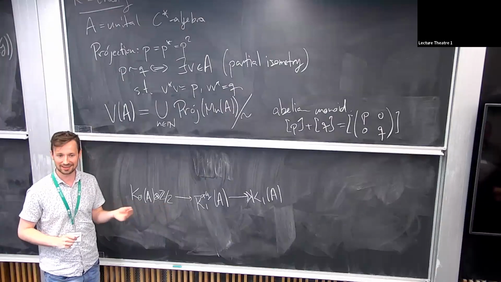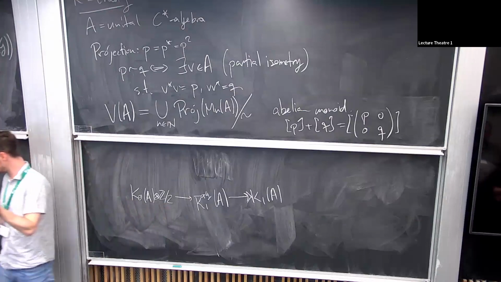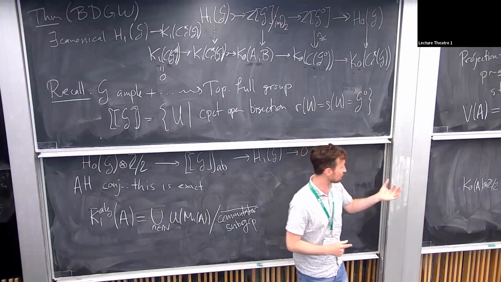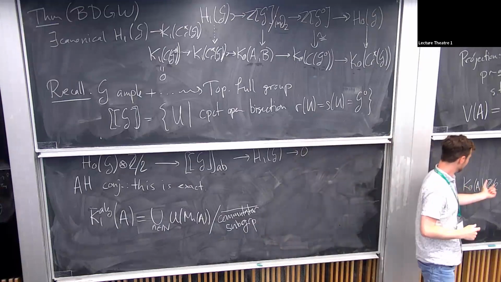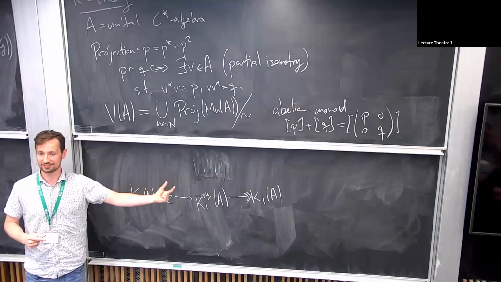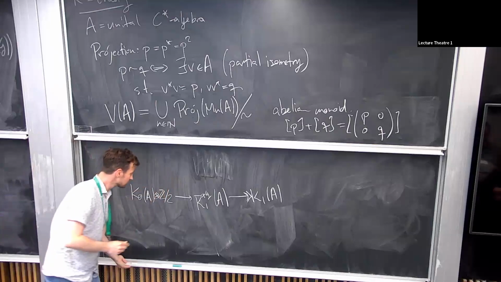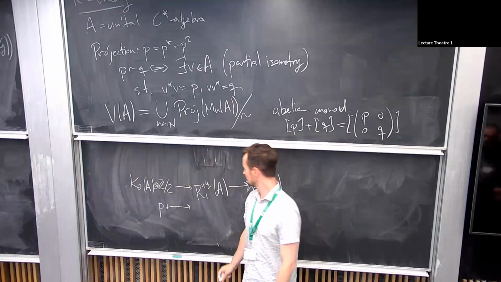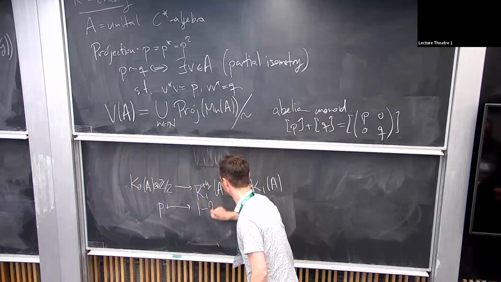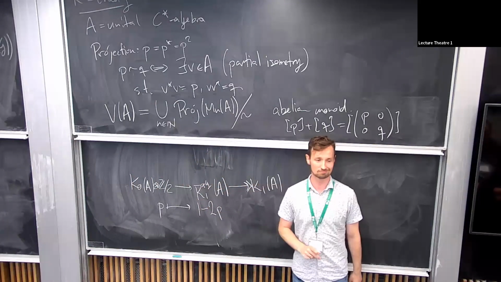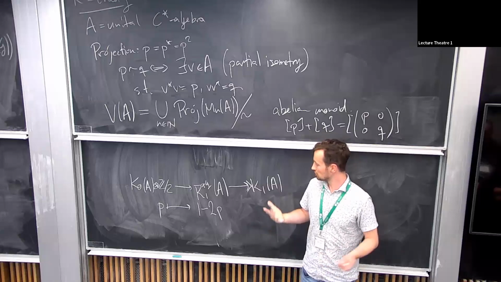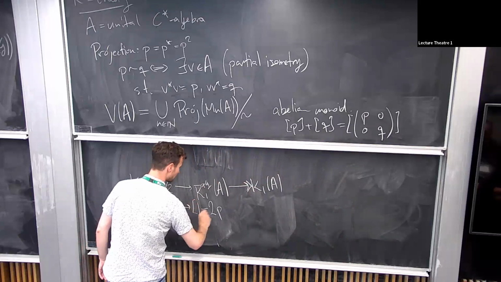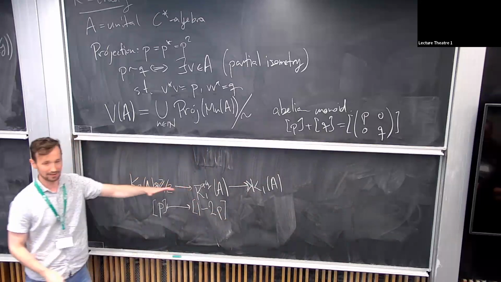It's something that most people will have seen when they first learn about projections: every projection is in correspondence with a unitary. Take a projection, and you can construct a unitary by considering 1 minus 2p. And this map induces a map that plays a very crucial role.